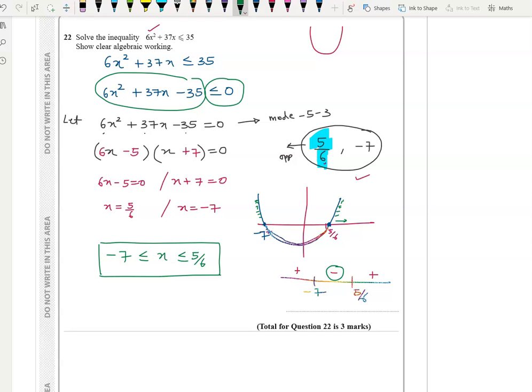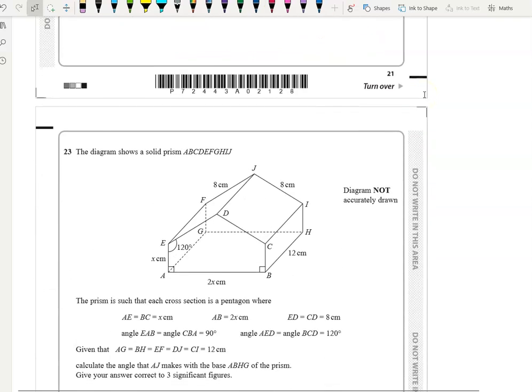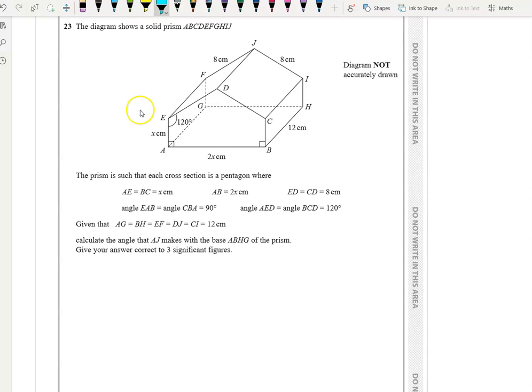Okay, moving to the next question, number 23. Question 23. The diagram shows a solid prism.